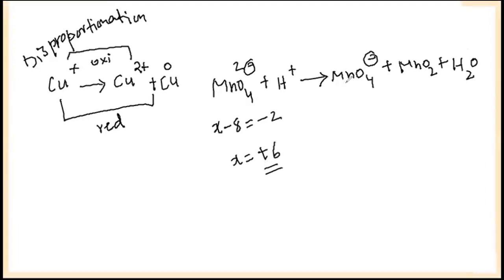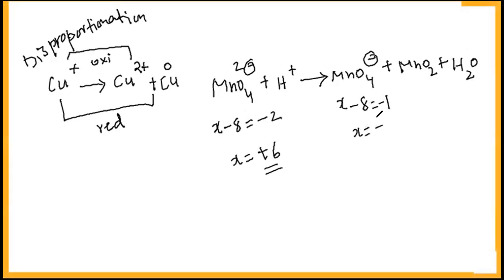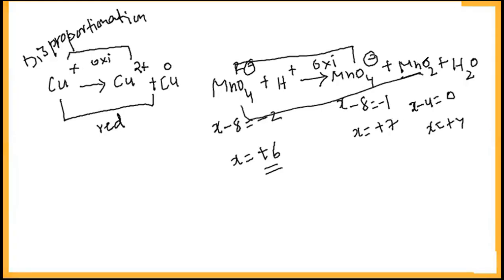In MnO4 minus, X minus 8 is equal to minus 1, so X is plus 7. Here I can say this one is oxidation. If I take MnO2, X minus 4 is equal to 0, so X is plus 4. Then I can take this as a reduction.